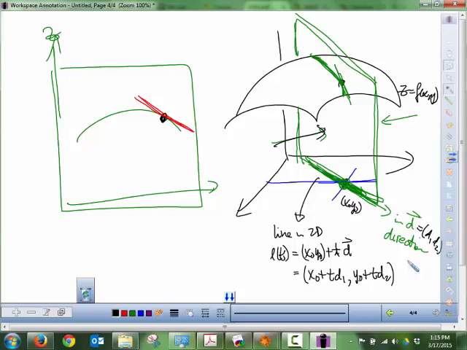Okay? So now, we're going to take this curve, per AJ's suggestion, and we project it up onto the surface. So that means I can find the equation of this curve over here in 3 dimensions.